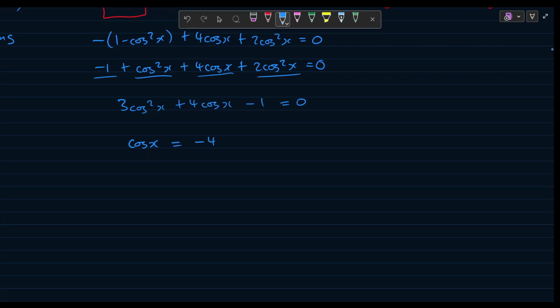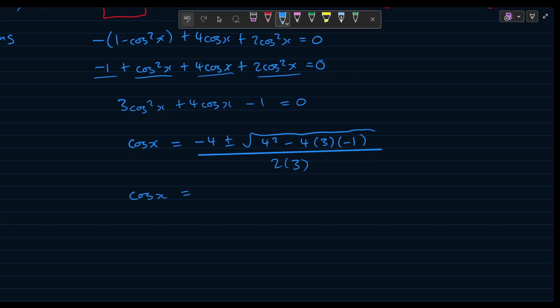So that's minus b, which is minus 4, plus or minus the square root of b squared, 4 squared, minus 4ac, which is 4 times 3 times negative 1, and this is all over 2a, so 2 times 3. So negative 2 plus or minus the square root of 7, and this is all over 3.